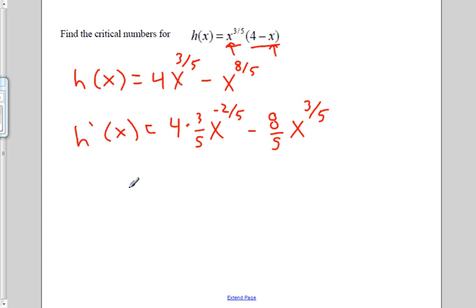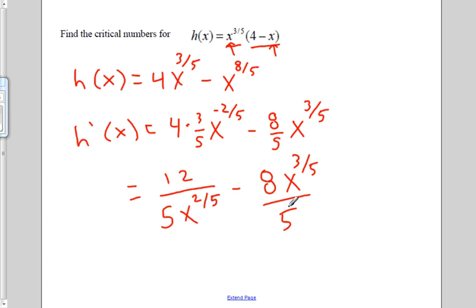Simplifying this a little bit, we get 12 over 5 x to the 2/5 minus 8 times x to the 3/5 over 5.